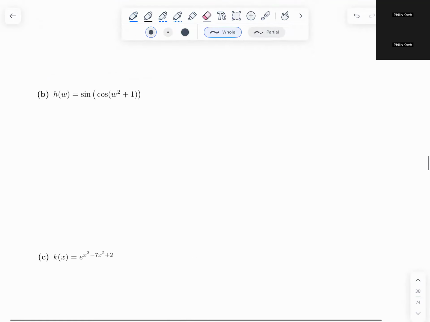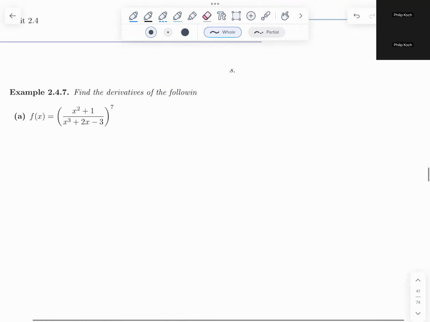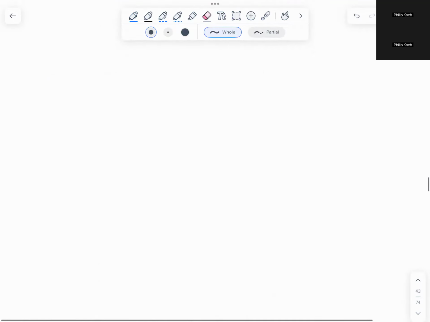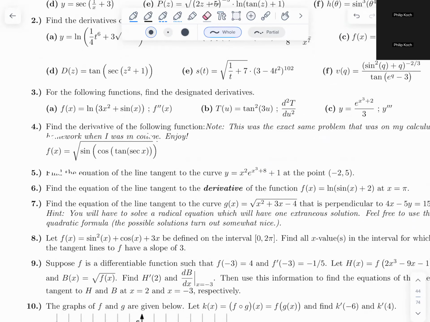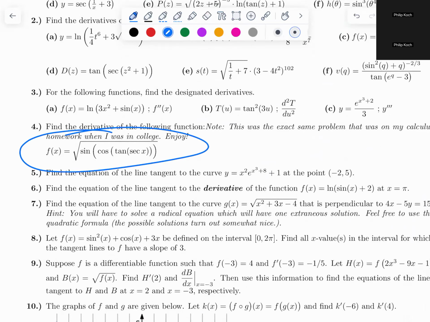In fact, one thing I'm going to show you is a question that if you can get this one right, you understand the chain rule. This question was on my homework when I was taking calculus. This one right here. The square root of sine, of cosine, of tangent, of secant of x. So that is a chain rule within a chain rule within a chain rule within a chain rule.